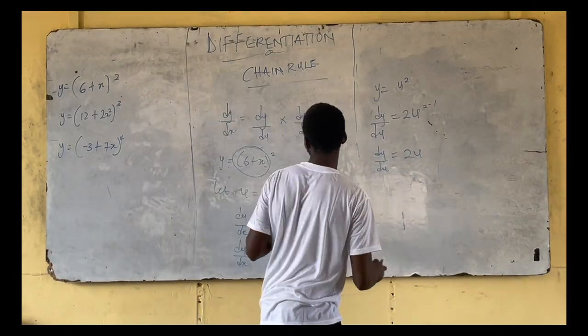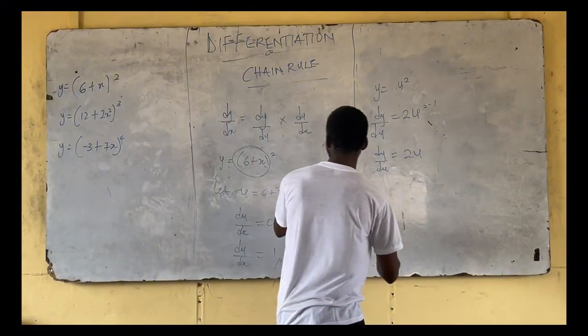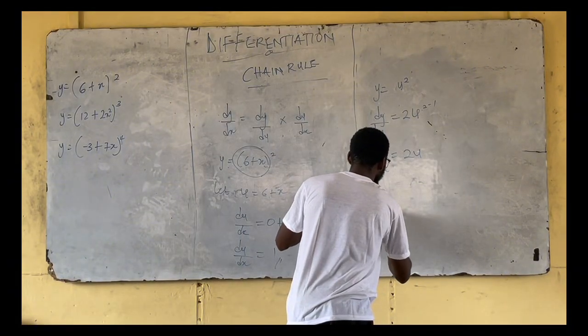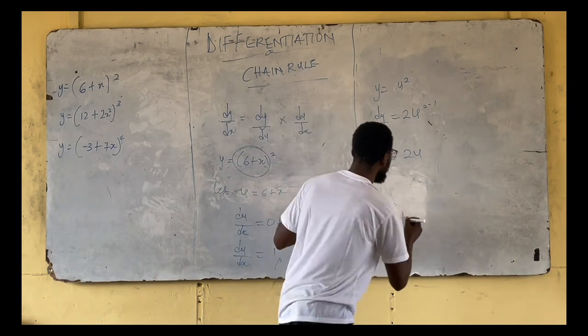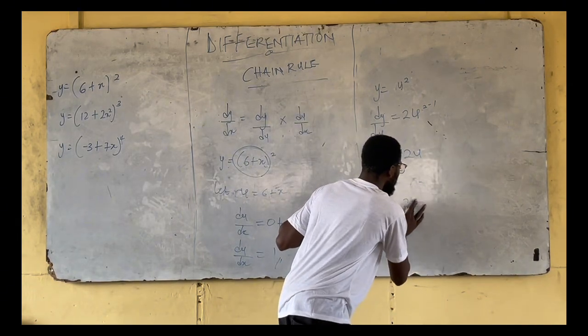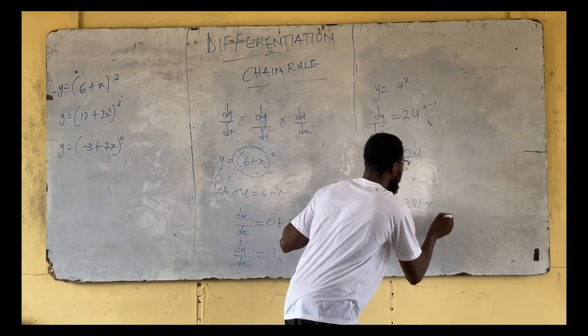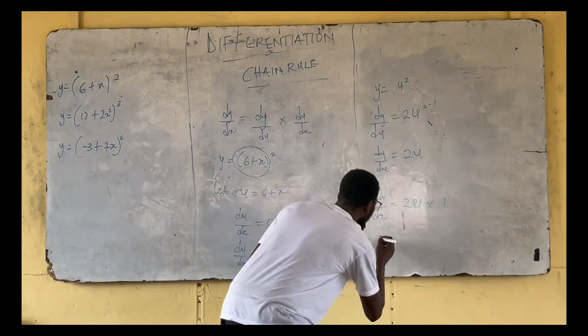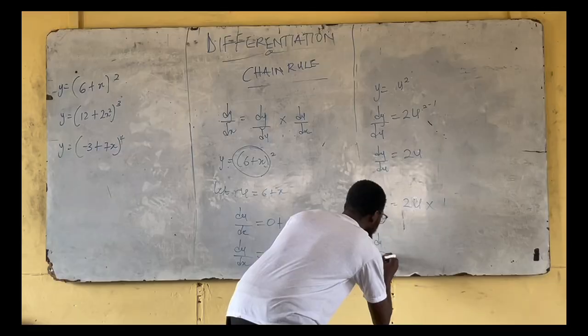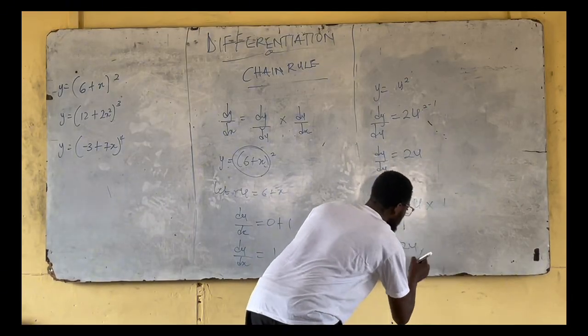So putting both of them in the formula, dy/dx is equal to dy/du, which is 2u, multiplied by du/dx, which is 1. Therefore, dy/dx is equal to 2u.